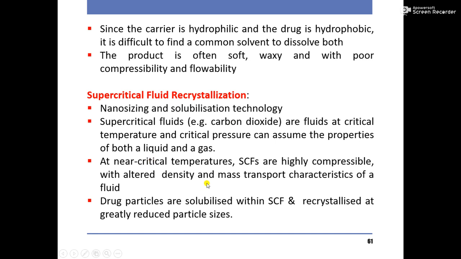Near the critical temperature, they are highly compressible with altered density and the mass transport characteristics of a fluid. Drug particles are solubilized within the supercritical fluid and recrystallized at greatly reduced particle size.